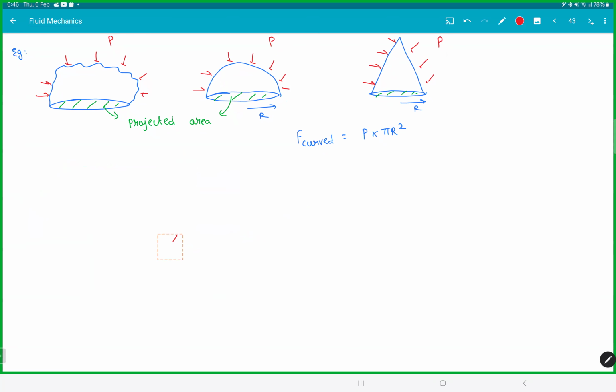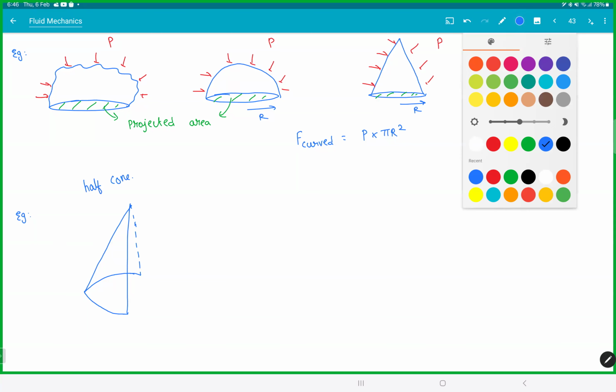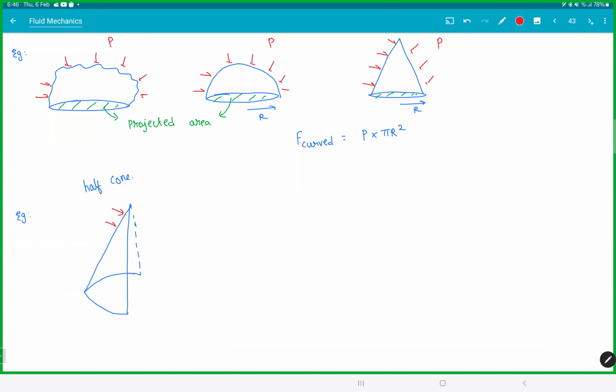Clear? Now, can you tell me how will you take a projected area for this? Instead of a full cone, what if I take a half cone? We have a half cone here, so pressure is acting like this.